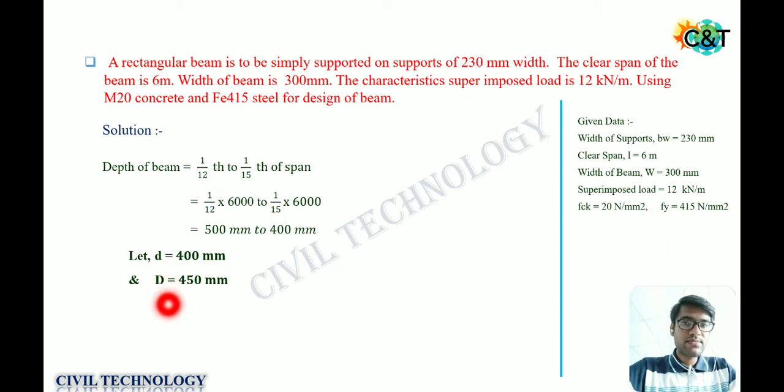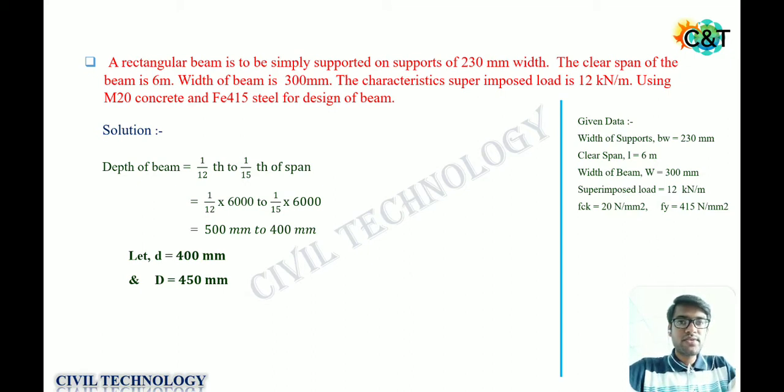So total depth of beam comes out to 450 mm. How we calculate the clear cover and all those things is a very interesting topic we can discuss in some other video, because if we discuss it in this video, then this video will be very long and boring also. So let's forget about those things right now.